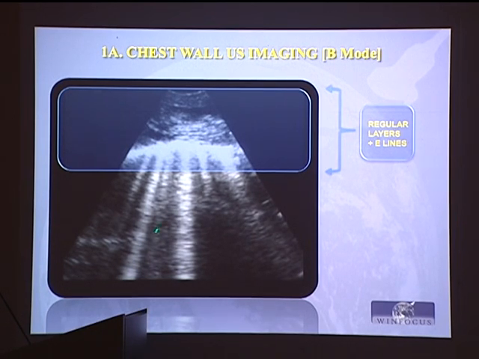You saw vertical hyperechoic lines that we will call from now on E lines. They stand for emphysema lines. Okay? So vertical hyperechoic lines arising from the chest wall sector towards the bottom of the image will be named E lines. So sonographically you will report E lines in the explored region, sonographic diagnosis.